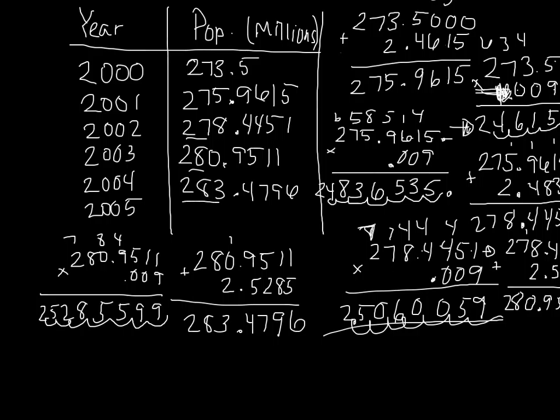So I'm going to use this number right here, 283.4796. I need to multiply that by 0.009, 9% as a decimal. And I'm going to get 2.5513.